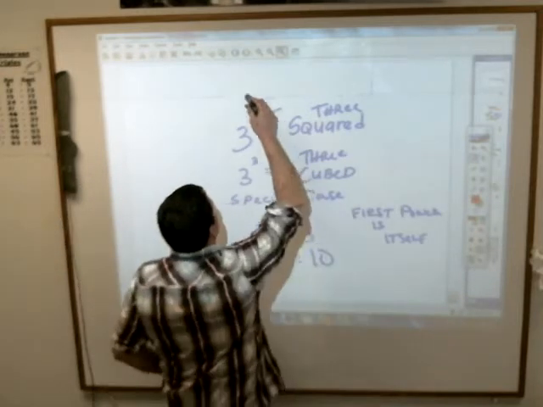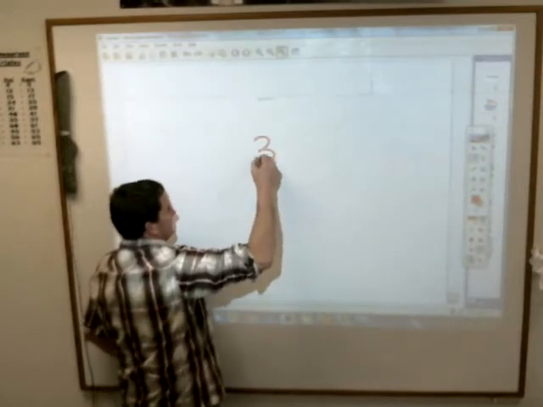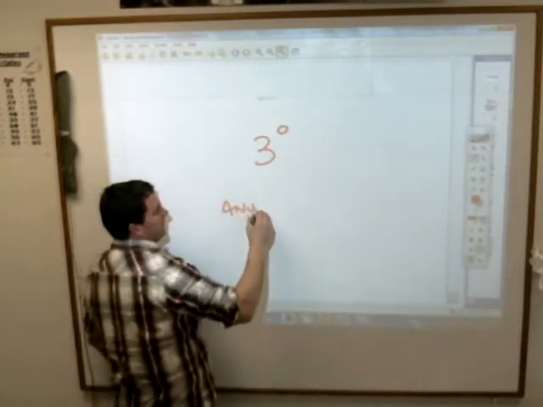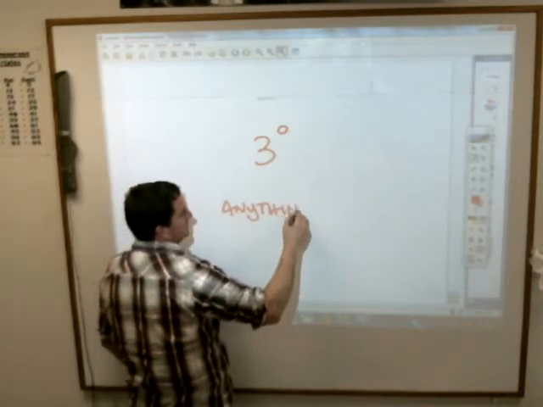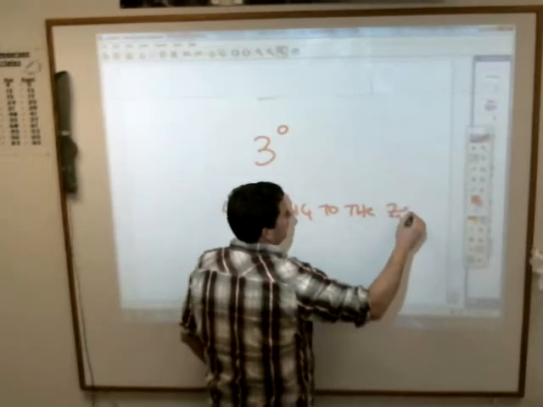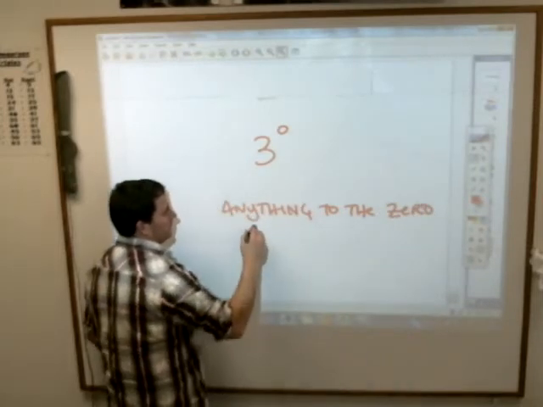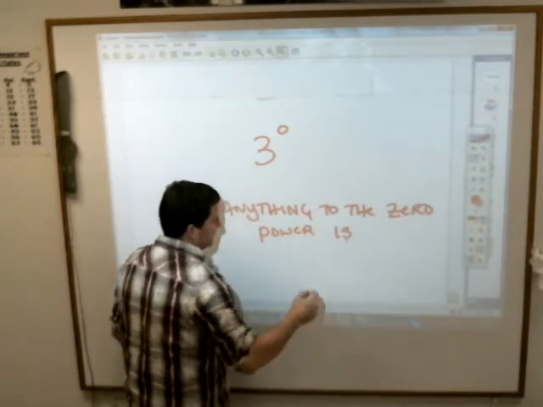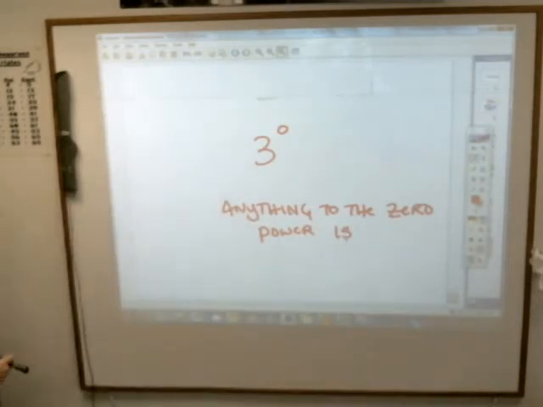Now this one's going to blow your mind. What about anything to the 0 power? Anything to the 0 power is. Who's going to take a shot at this? Alexa? 0. It is not 0.